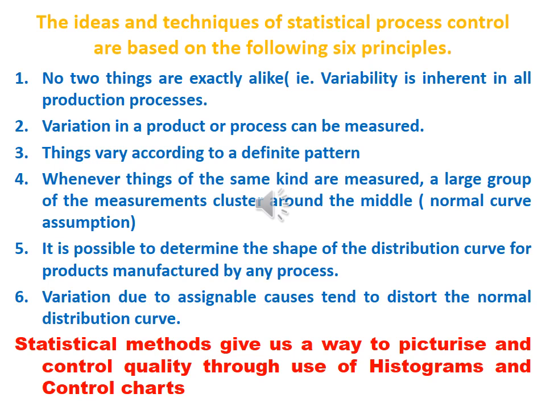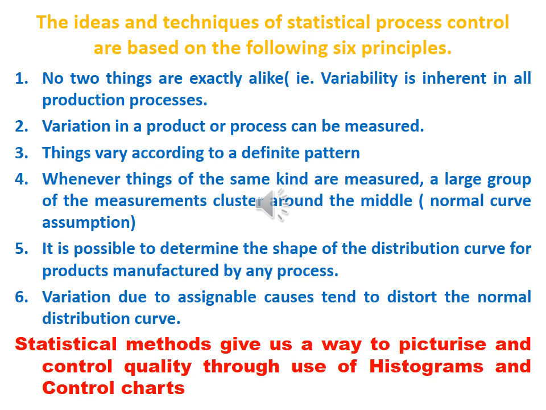The ideas and techniques of statistical process control are based on the following six principles. The first one, no two things are exactly alike. That is, variability is inherent in all production processes. The second one, variations in the product or process can be measured. The third one, things vary according to a definite pattern.